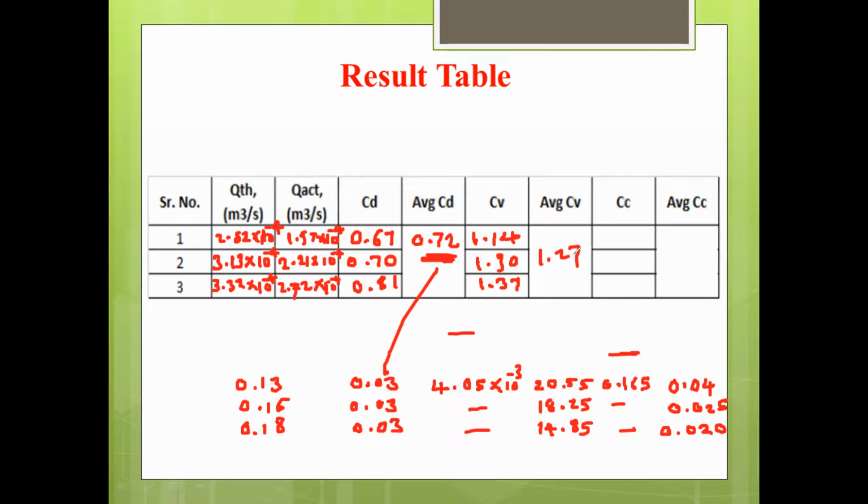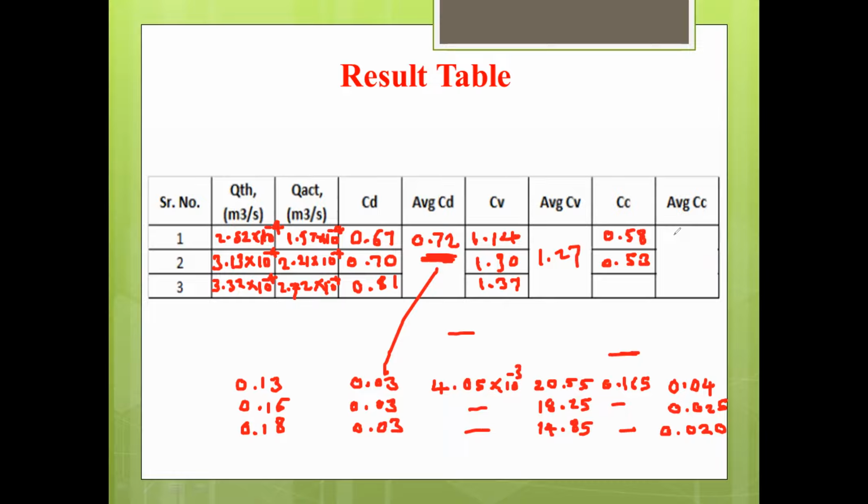Then CC is nothing but just we have to divide that CD by CV. Then you will get 0.67 divided by 1.14. And I have got here the CC as 0.58, for the first reading. Then 0.7 divided by 1.3. I have got the second CC as 0.538.